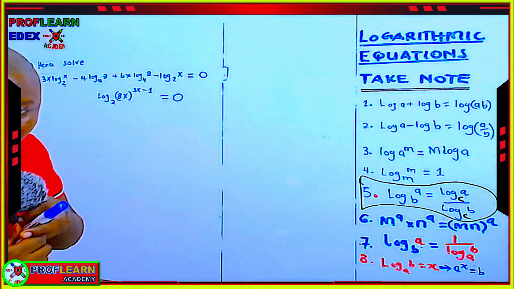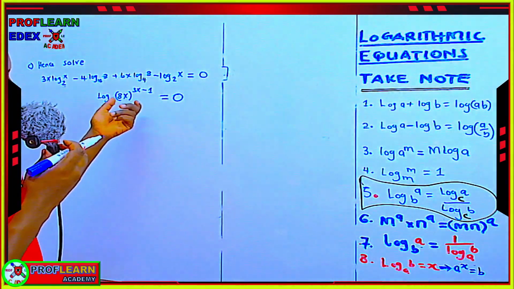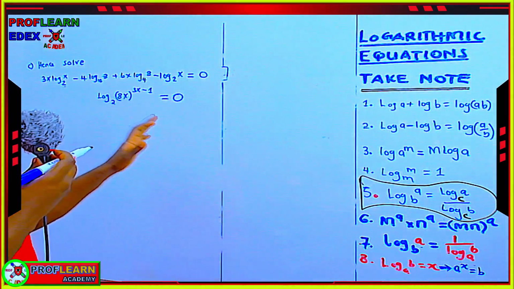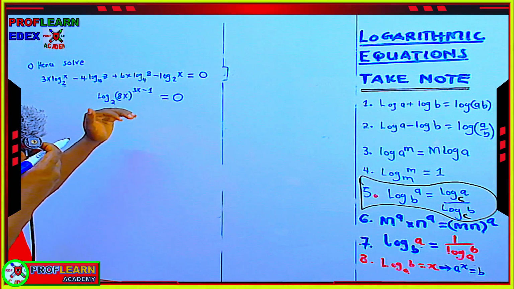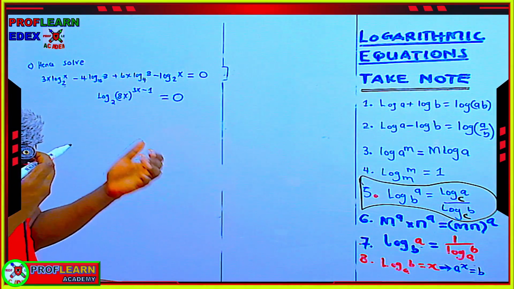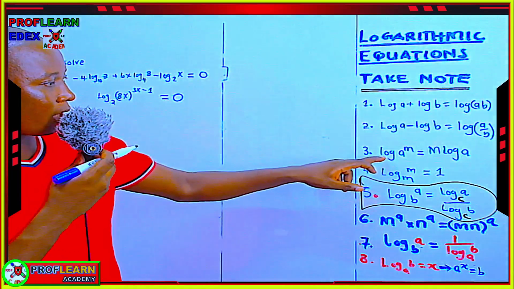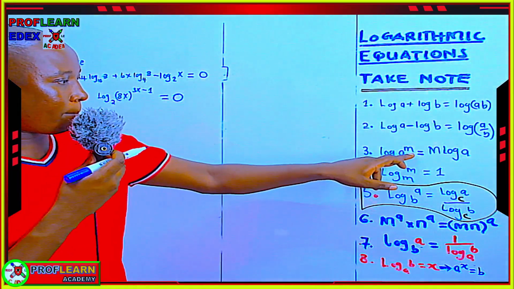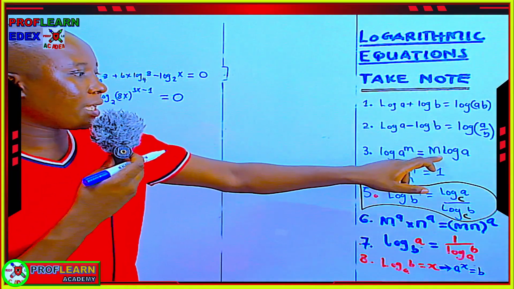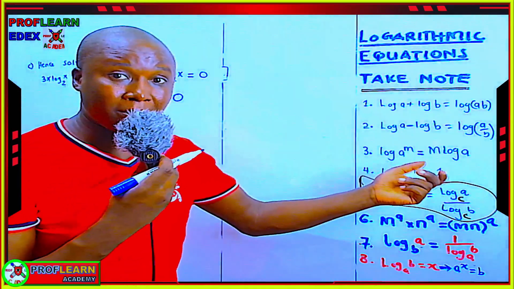Now, in order to solve this, remember the rule we use. We are going to express it in logarithmic notation. But before going into that, remember this rule: if you have log a power m, the power m can be written in front of the log.